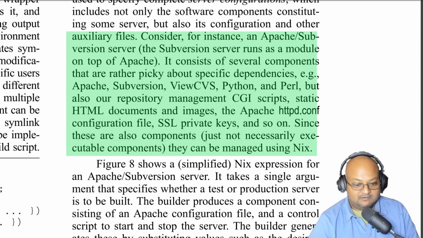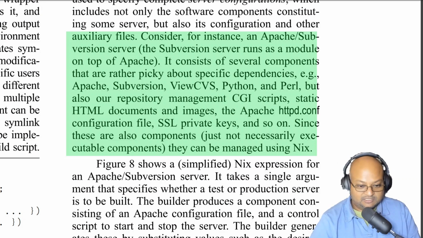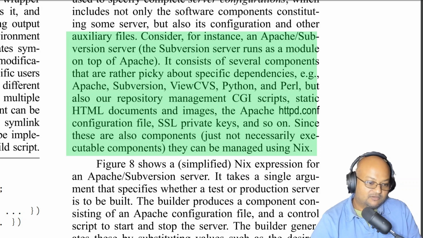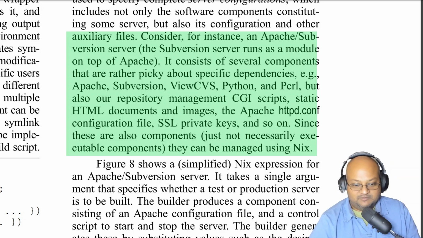You can in fact go one step further and even view the entire configuration of your machine as part of your software configuration. So for example, if you were defining, say, a web server machine, you would list out all the dependencies, things like Apache or Python and Perl, whatever you needed to serve up things.